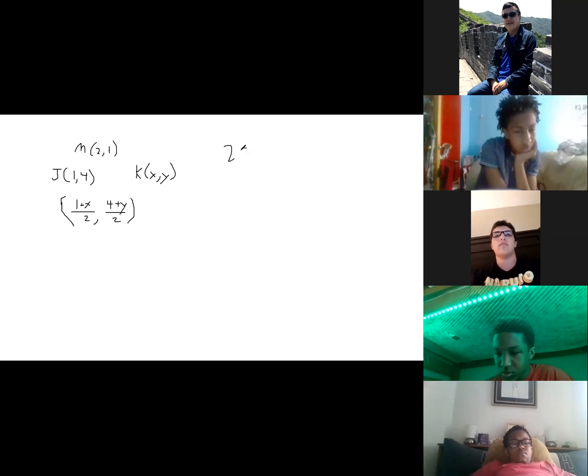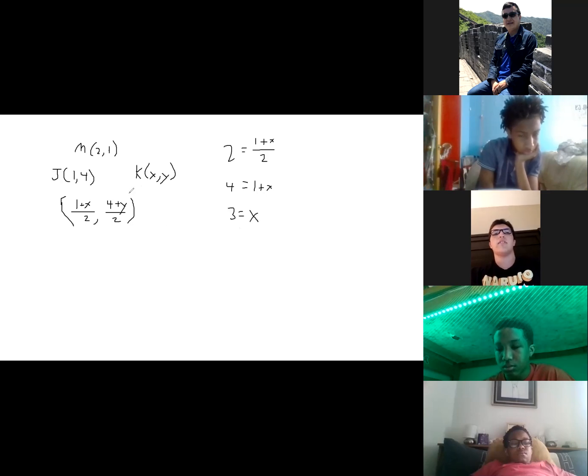So 2 equals 1 plus X over 2. Multiply both sides by 2: 4 equals 1 plus X. Subtract 1 from both sides, and 3 equals X. So X equals 3 on point K. We've solved that coordinate.